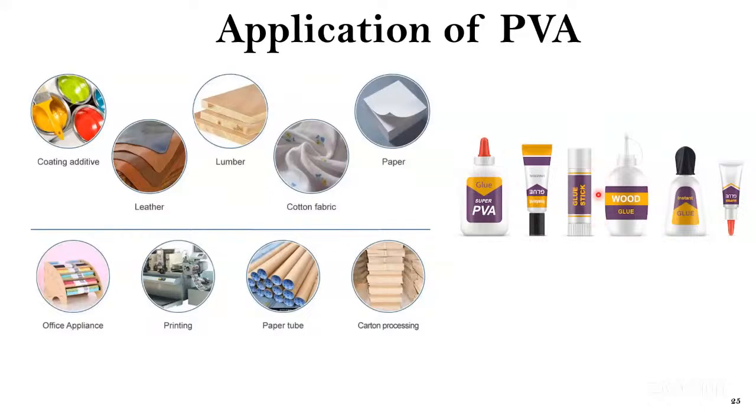This is like a glue stick, also made of PVA, and this is the liquid, different forms of adhesive available in the market. PVA also has a wide range of applications in coating, adhesive, leather, coating and cotton fabric, and the paper industry, like carton processing and paper tubes. In paper tubes they use it for coating, and also in printing and office applications.